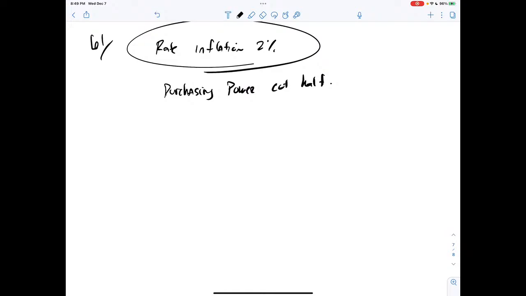So they want to know with this inflation, if the rate of inflation is 2%, that means you're only going to get 98% of what you had every time. So if I let P naught be the initial amount of money that I had, so maybe it's $1,000 or $100, whatever, they're asking how many years would it take, so I raise that to the power of T such that I'm only left with half of what I had.